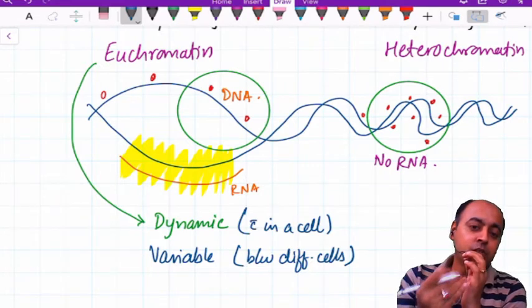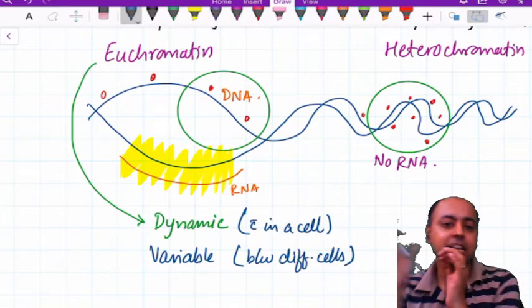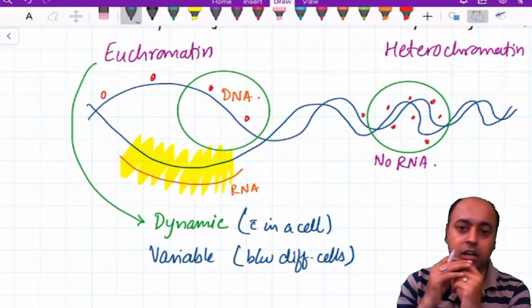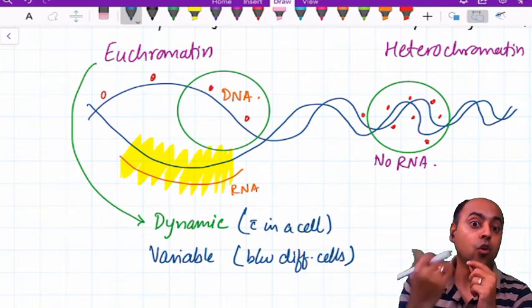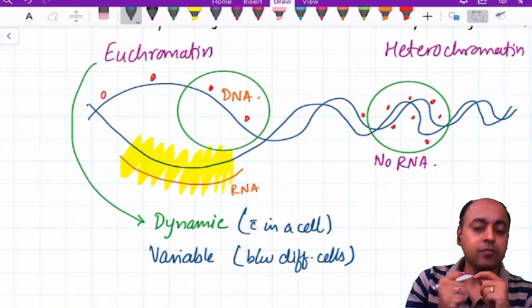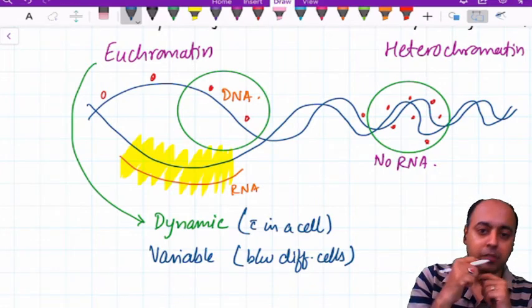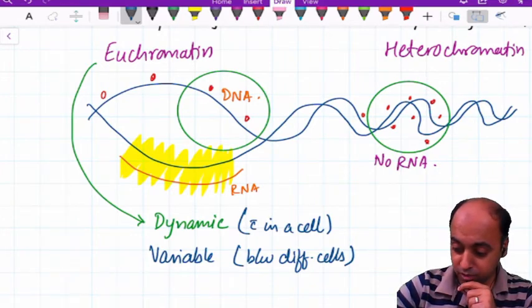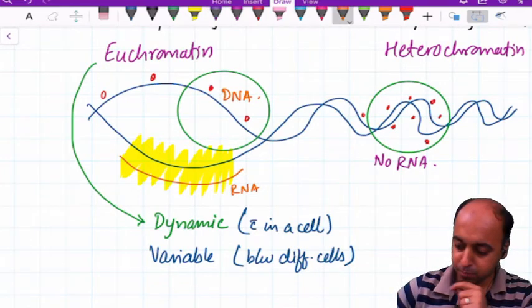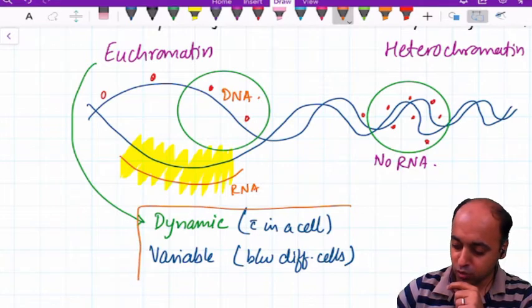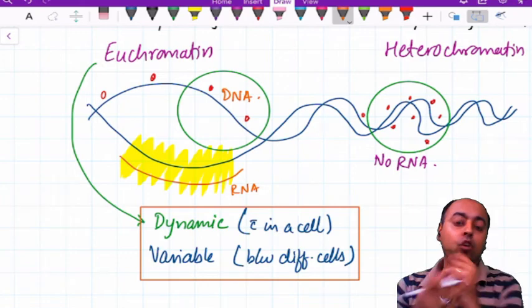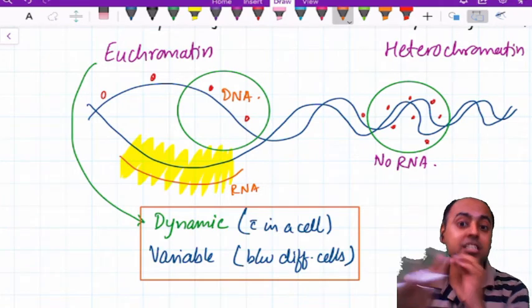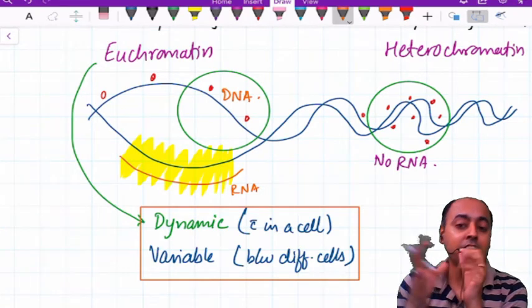Some segments which are euchromatin in one cell may be acting as heterochromatin in the other cell. Now, if you want to visualize all those segments of the DNA which are getting transcribed, because of this peculiar nature of the euchromatin, you will have to examine all cells in all stages of the cell cycle and under all stages of development.